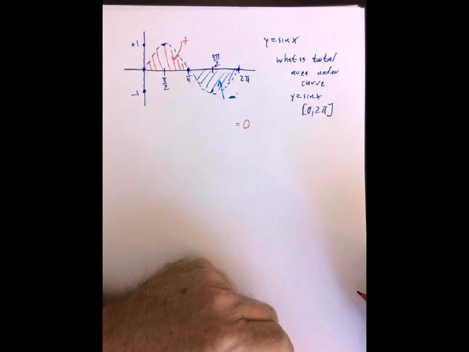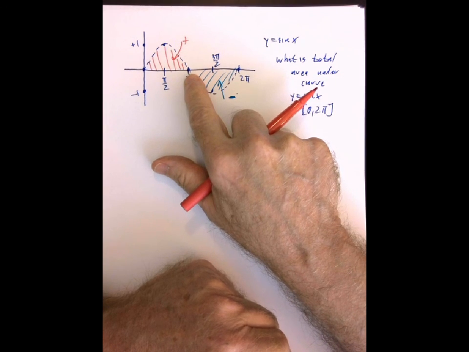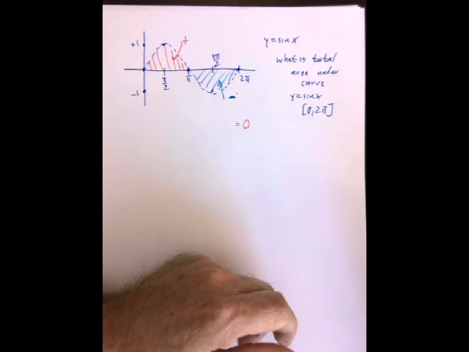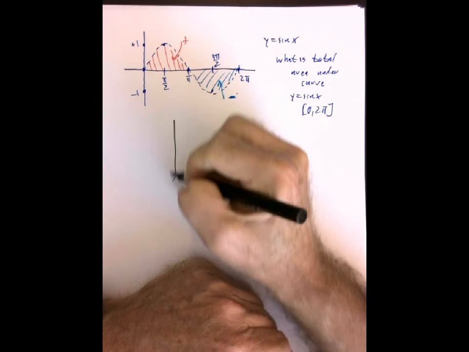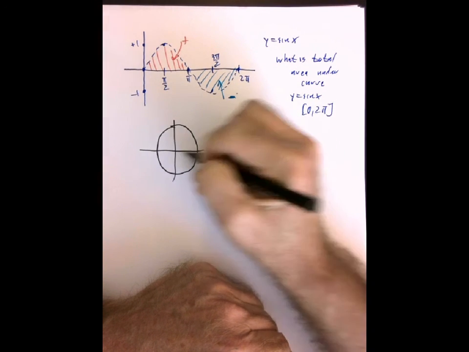And if you think about it, that makes sense, because if you think back to our unit circle, this curve charts the point moving once around the unit circle, right? Here's our unit circle.